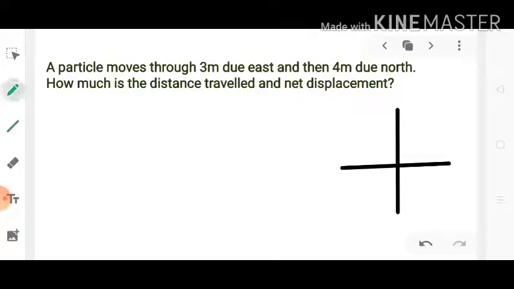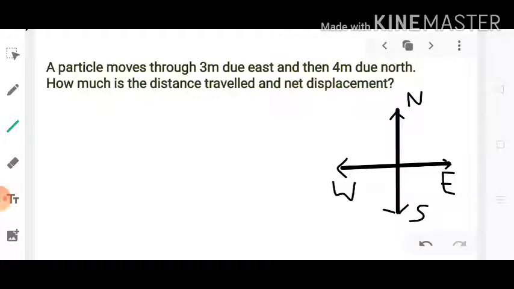So in this manner, let's first of all mark the directions north, south, east and west. This will help us in marking the distances properly, distances traveled in the given directions properly.